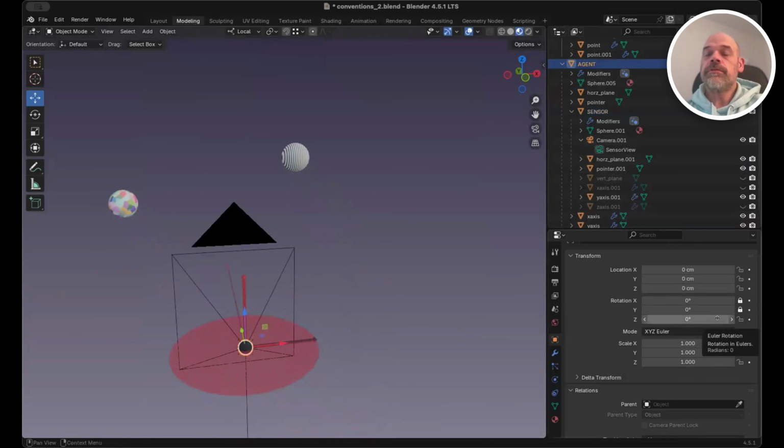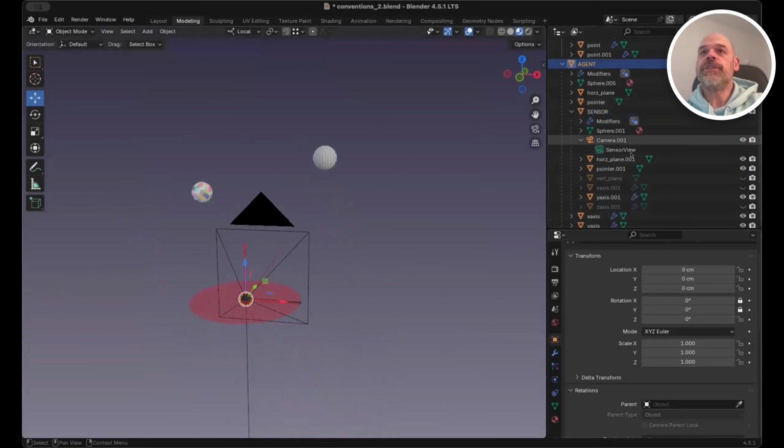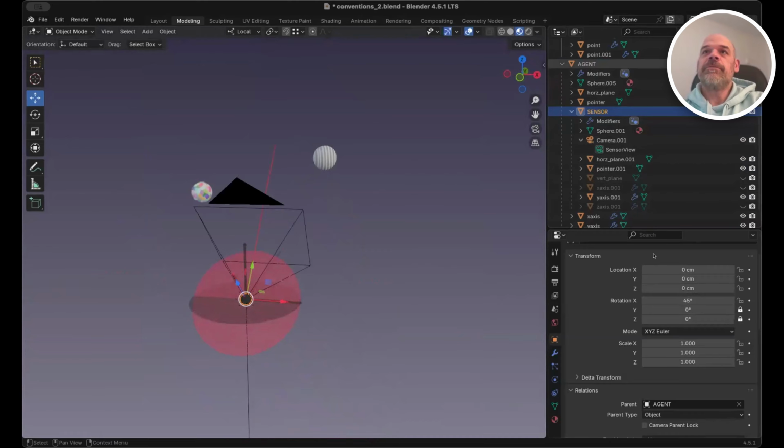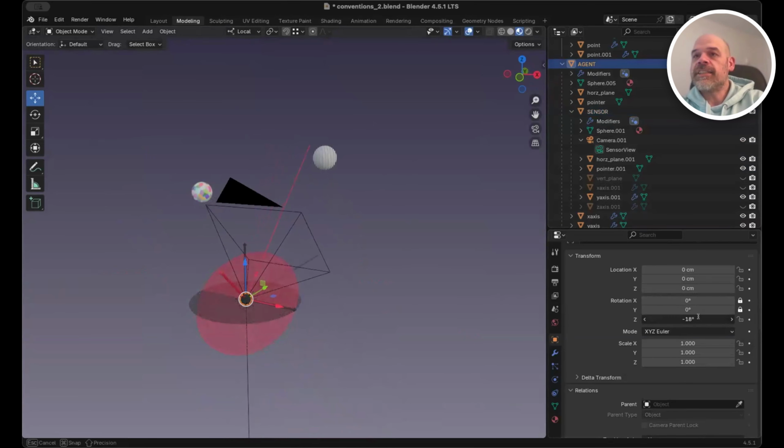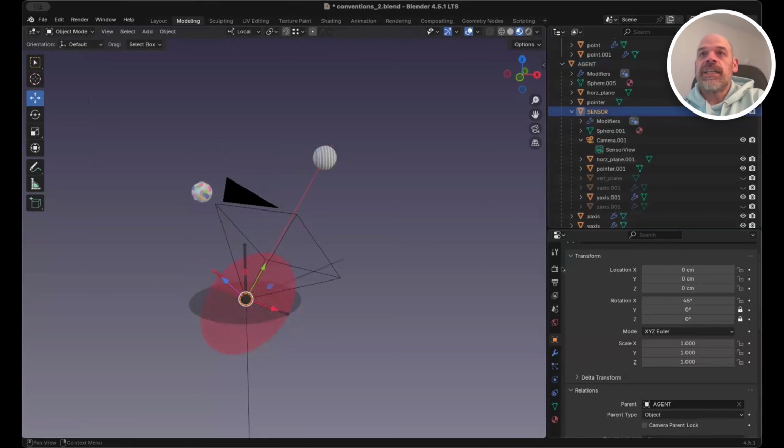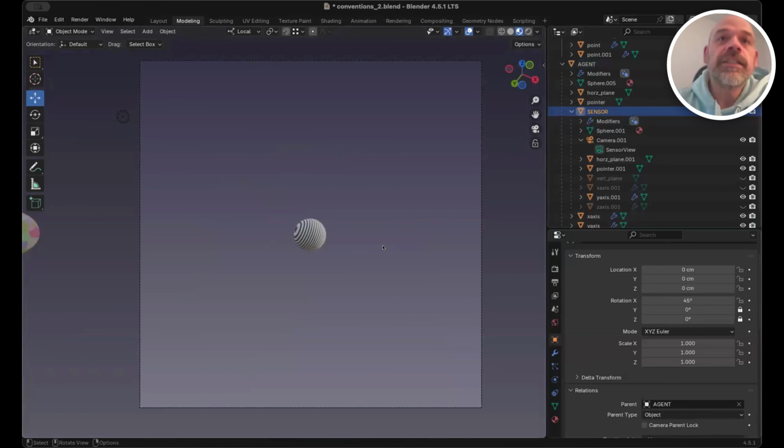So now I'm going to pitch the agent first by 45 degrees, and then swivel the agent by, wrong direction, 30. If I look at the sensor, it should be slightly different. Oh, no, it's not. Okay, forget it. Oh, because they were co-aligned to begin with. Never mind. That matters more for the second pass.